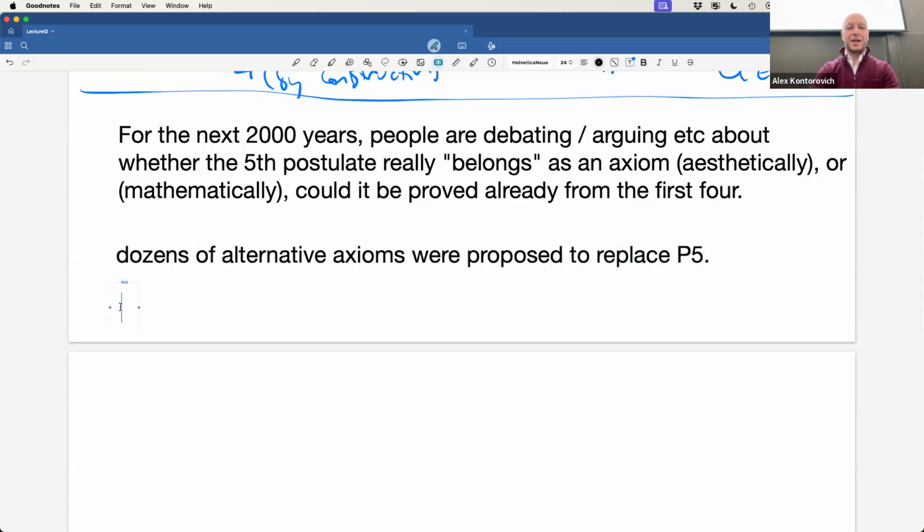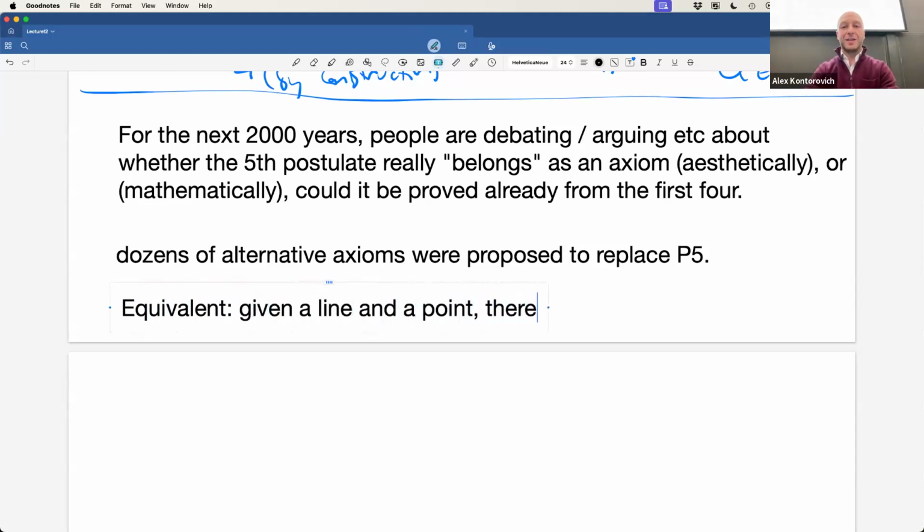People realized there's an equivalent version of the fifth postulate that says, given a line and a point, there exists a unique parallel through the point.